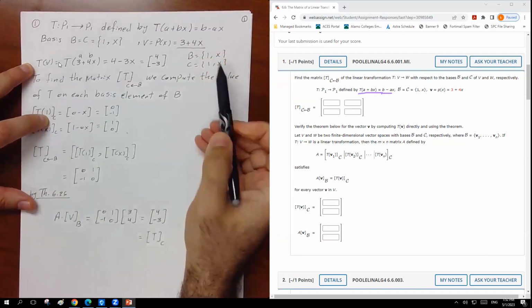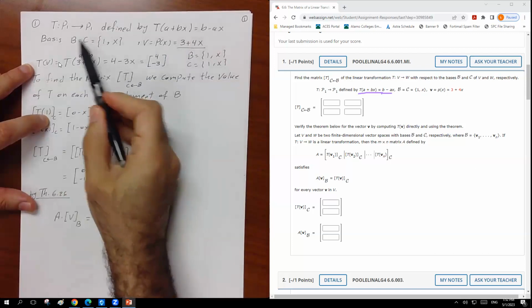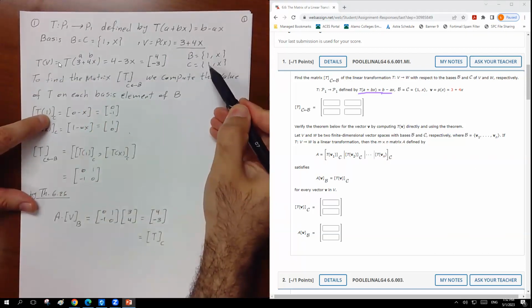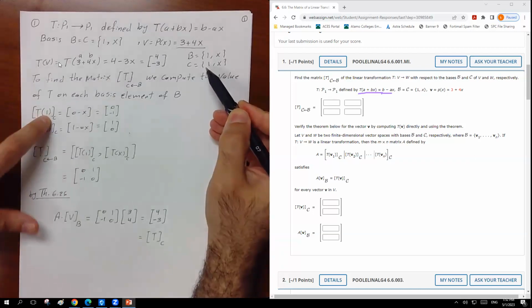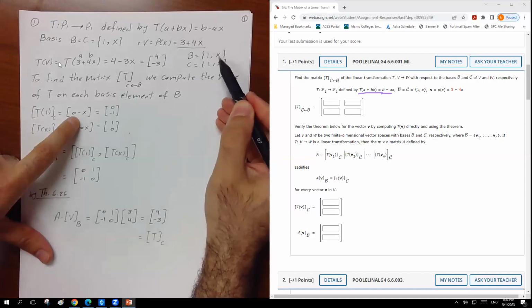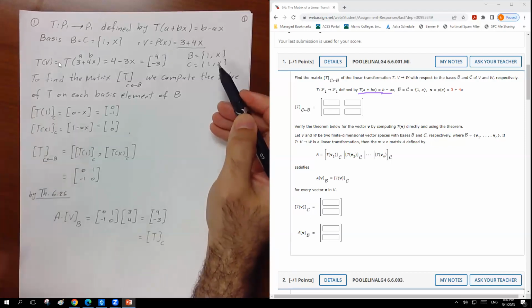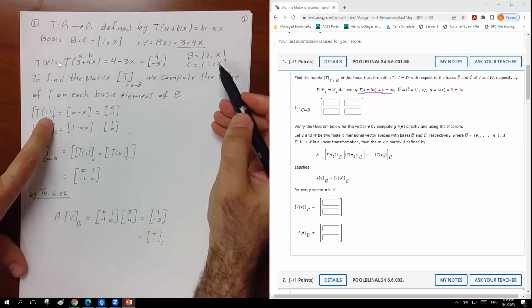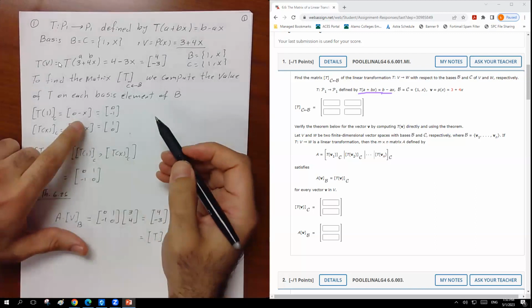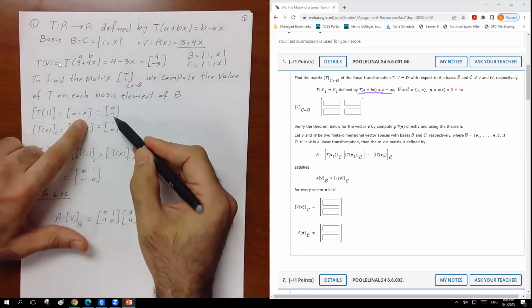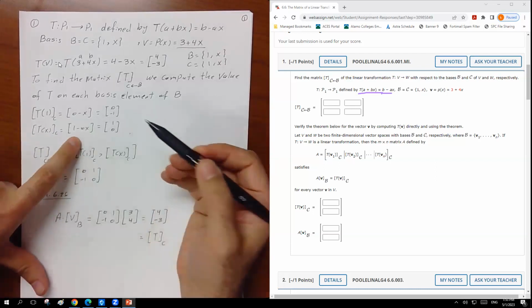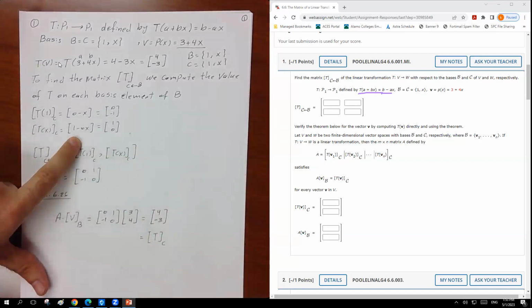So don't confuse yourself because you have the same base for B and C. We write 1 as a linear combination from the base, so T of 1 is going to be 0 minus x, that means (0, -1). And the transformation of x is going to be 1 minus 0x, which is (1, 0).